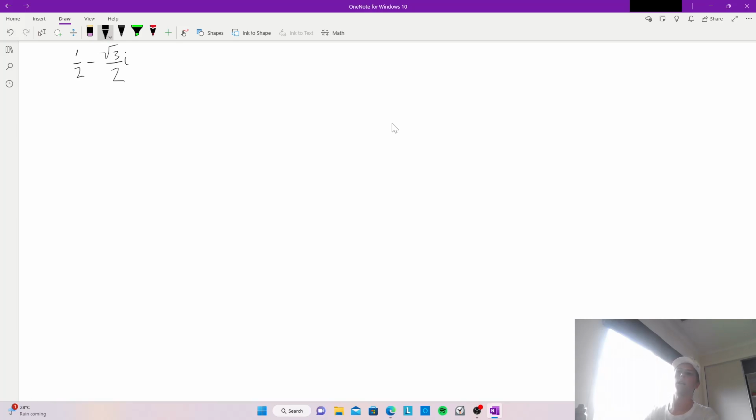Alright, and now we want to convert this to r cis theta. Our first step was finding r. So we know that r was equal to what? Square root, first value, square it, plus second value, square it. Easy.